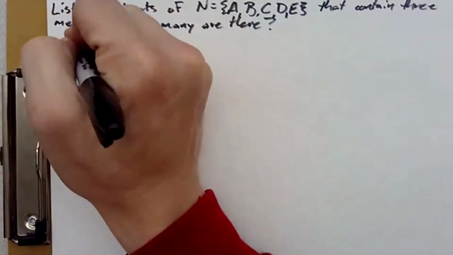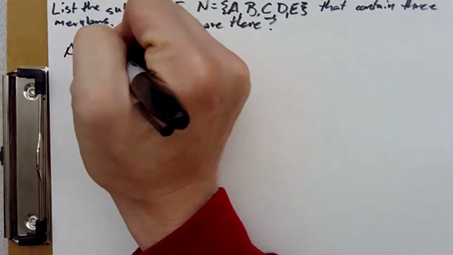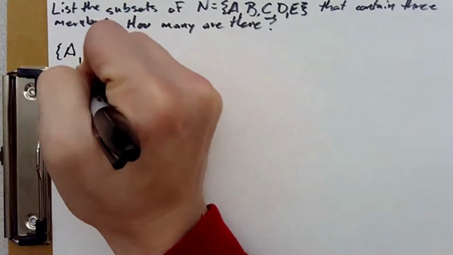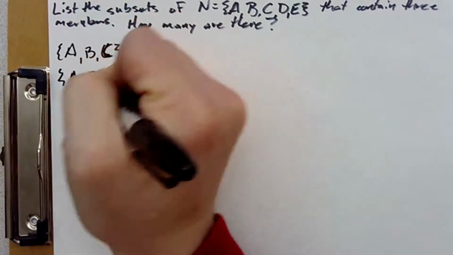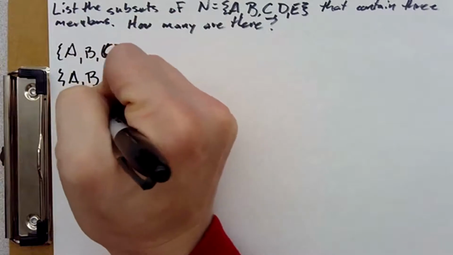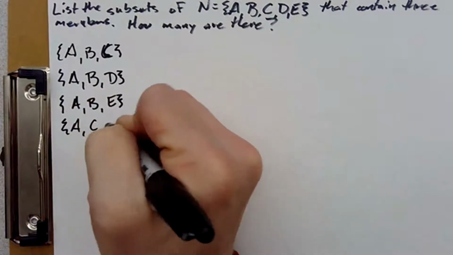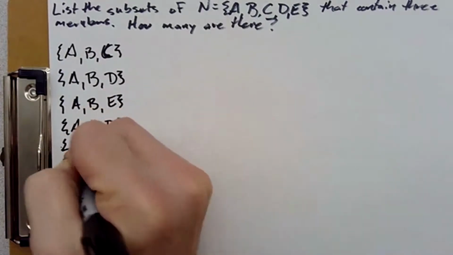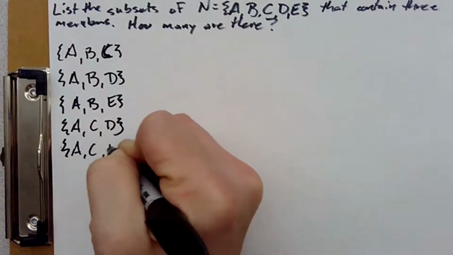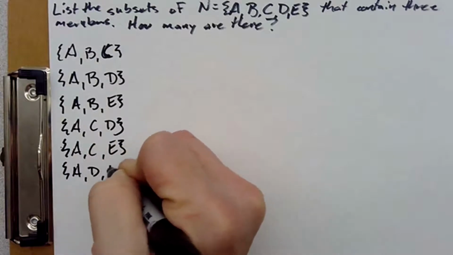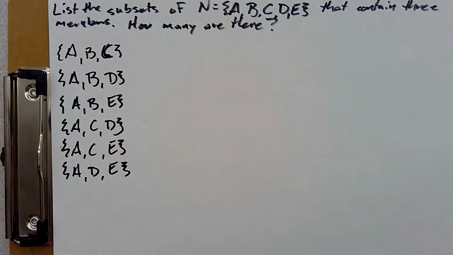Well, we can start by listing A, B, C, and then A, B, D, and A, B, E. Then we've got A, C, D, and A, C, E, and A, D, E. And that accounts for all of the subsets that include an A.